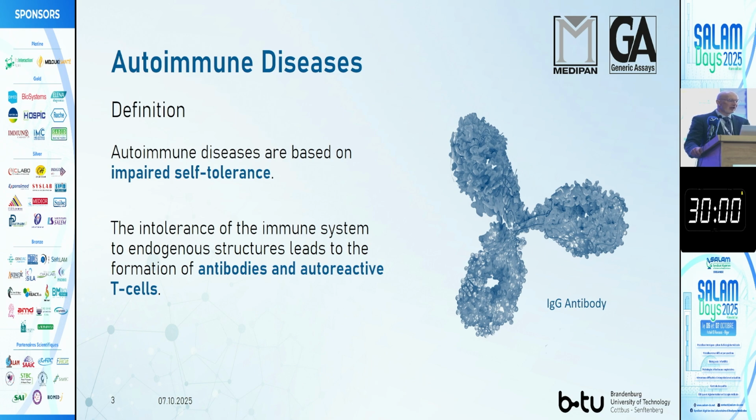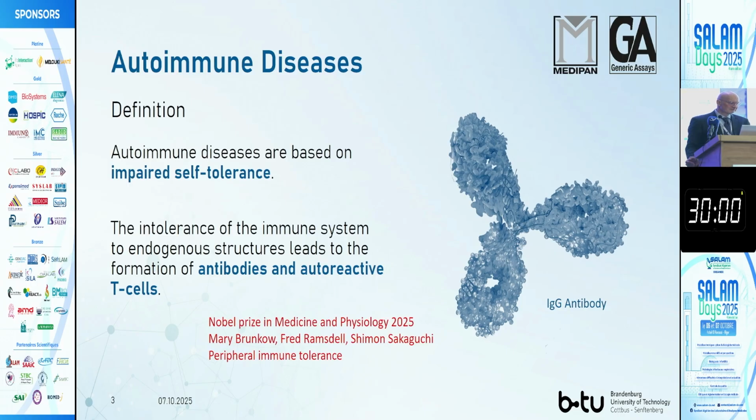We call that autoimmunity, and we are able to use autoantibody testing for the differential diagnosis of autoimmune diseases. And here in particular, we talk about the detection of IgG antibodies to various autoantigenic targets.